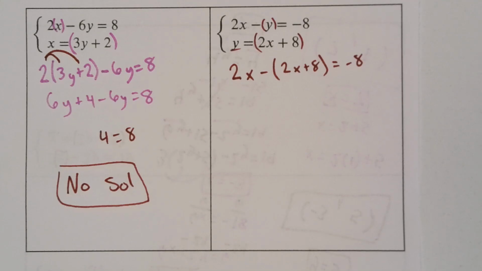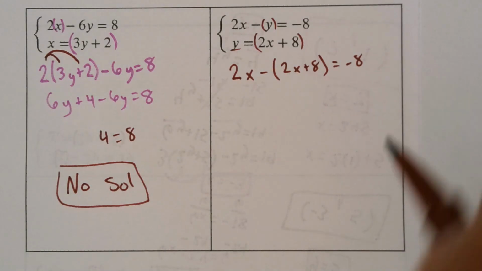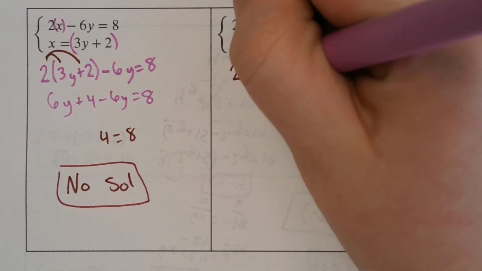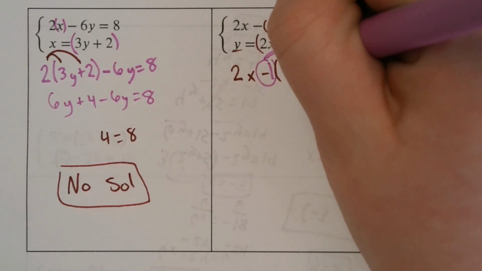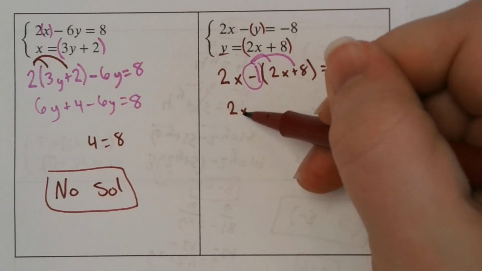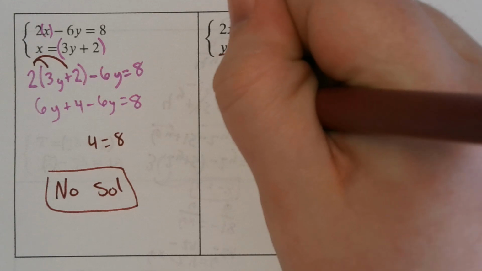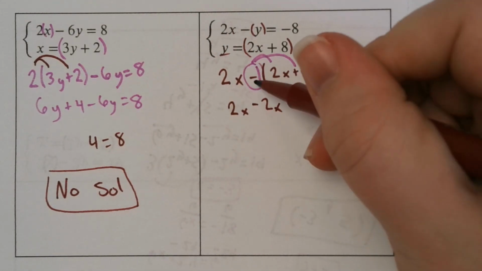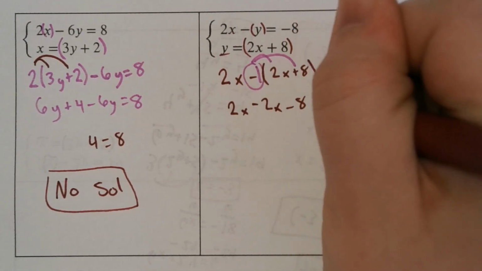All right. So we have a negative in front of our parentheses. If there's no number, what is that imaginary number? 1. A 1. So we really have a negative 1 that we are distributing to everything. So that gives us 2x, because we dropped that down. Negative 1 times 2x is negative 2x. Negative 1 times 8 is negative 8.